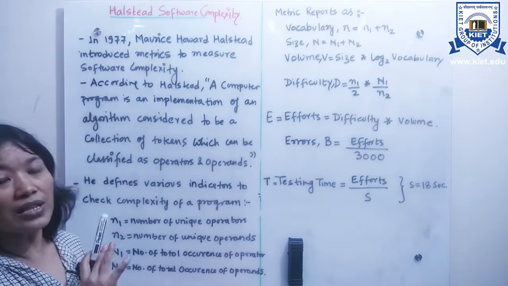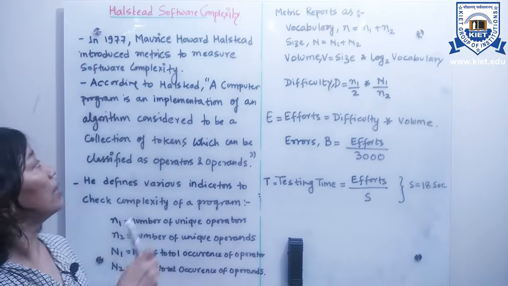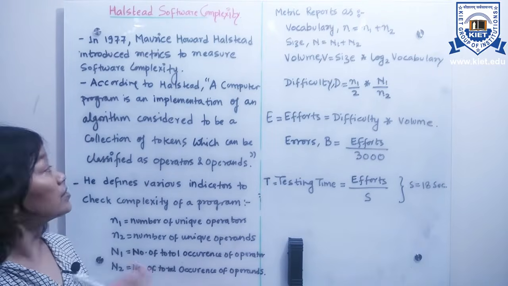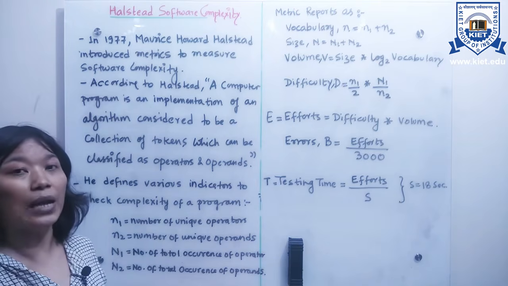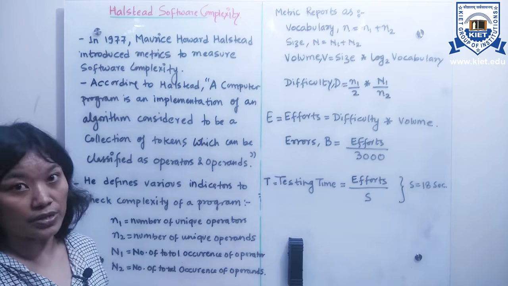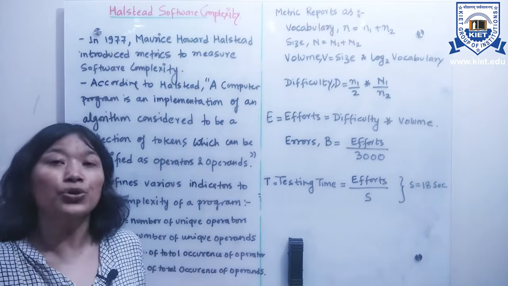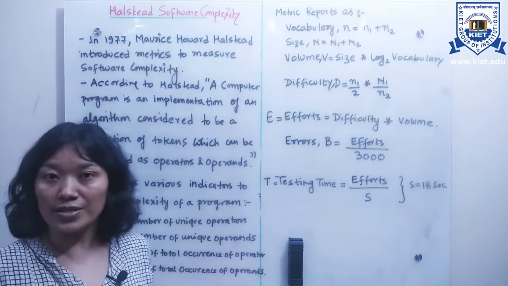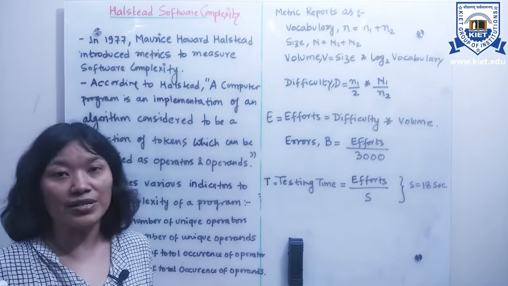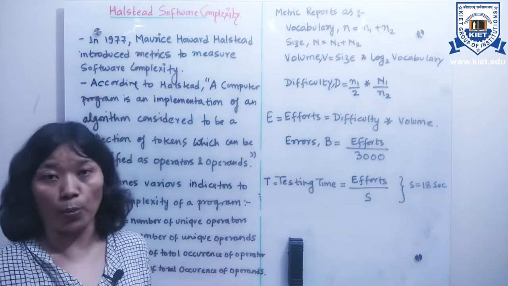According to Halstead, a computer program is an implementation of an algorithm, considered to be a collection of tokens, and these tokens can be operators and operands. To calculate any program's complexity, we should know about these tokens, because a program is composed of operators and operands, and you well know what operators and operands are.